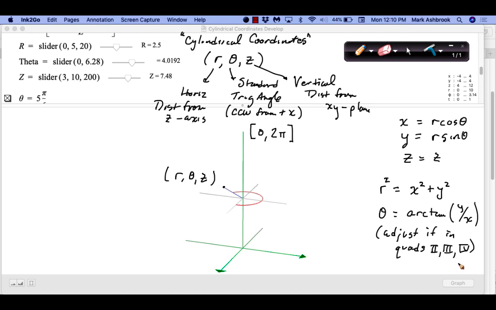Because arctangent will always give you an angle between negative pi over 2 and pi over 2. So you have to adjust accordingly, adding 2 pi, or adding pi, subtracting from 2 pi, whatever you need to do to get the correct angle between 0 and 2 pi.